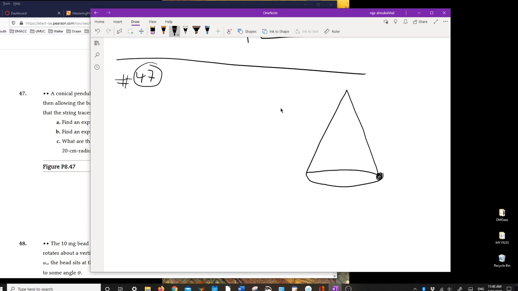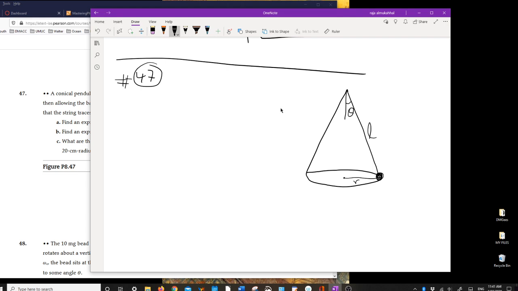Here is the mass right there. Here is the length, L. I like small l. Here is the radius, R. Okay. And then, of course, this is the apex of the pendulum, and it has an angle, the apex angle. We're going to call that theta for now. He didn't give it to us, but we're going to call it theta for a good reason. In a minute he'll show.